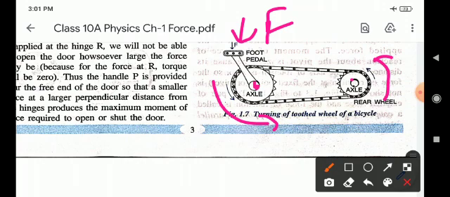The toothed wheel is joined to the rear wheel by a chain through their teeth.